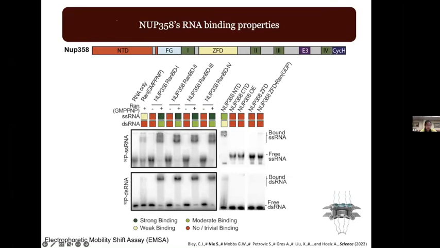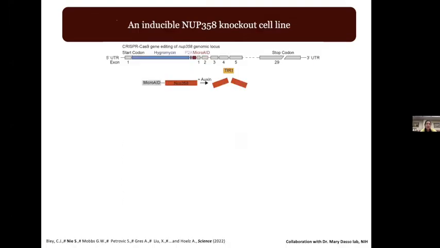Does that mean that 358 indeed plays some function in mRNA export? To analyze that, we want to establish a cell line where we can delete 358 and compare the deletion with a control cell. We were able to establish an inducible 358 knockout cell line with Marie-Dassault's lab.